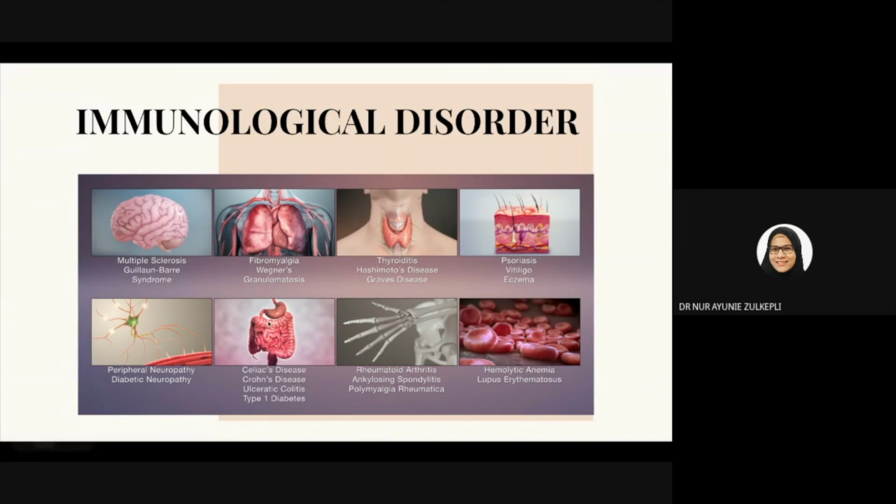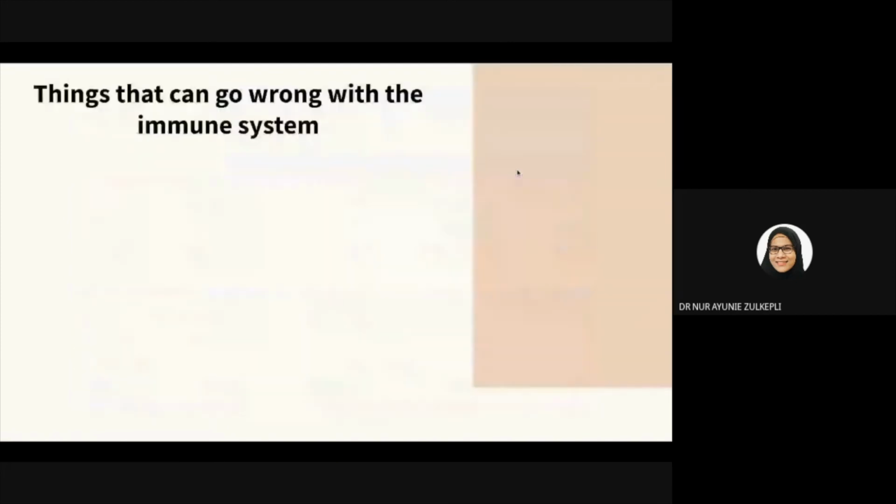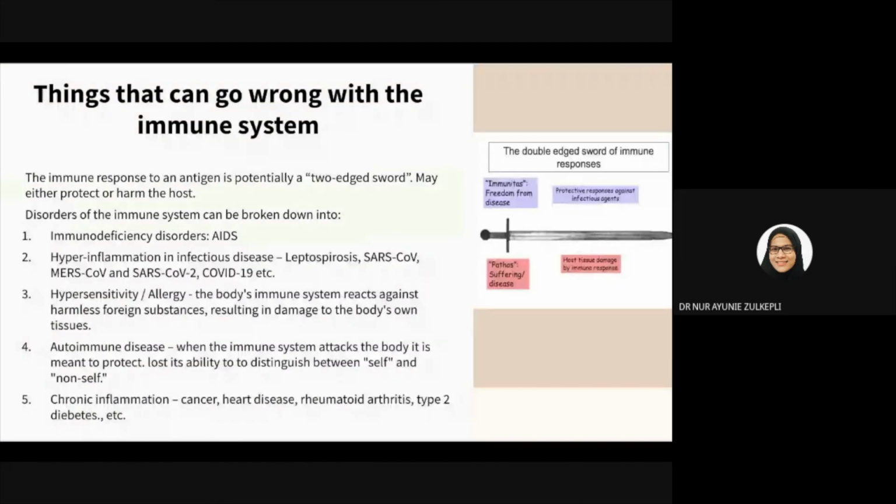Okay, so this is just an example of things that can go wrong when your immune system is unbalanced. The immune response to antigen is potentially a two-edged sword. Do you know a two-edged sword? Some swords have only one edge, but a two-edged sword has both sides.